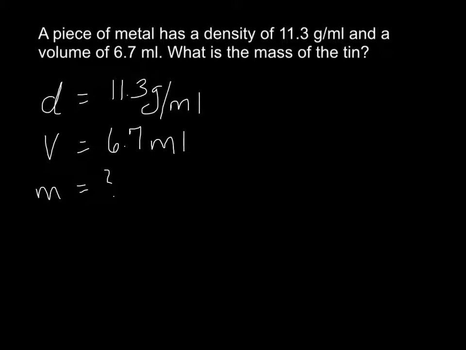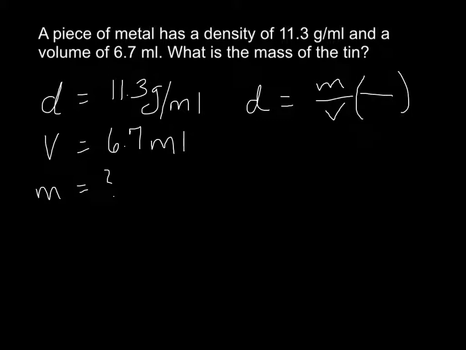Now I'm going to start by writing the equation. Density equals mass divided by the volume. So what we want to know is, what is the mass of this tin? So what are we going to do? Well, we've got to get rid of volume. And if you notice on the right hand side, volume is in the denominator.